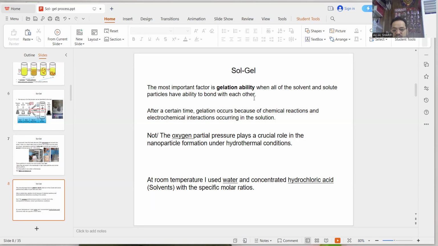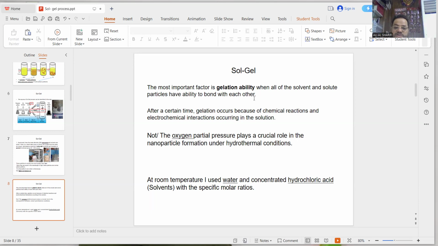After a certain time, gelation occurs because of the chemical reaction and electrochemical interaction occurring in the solution. Like I said before, when I was talking about chemical interaction, here we have notes.